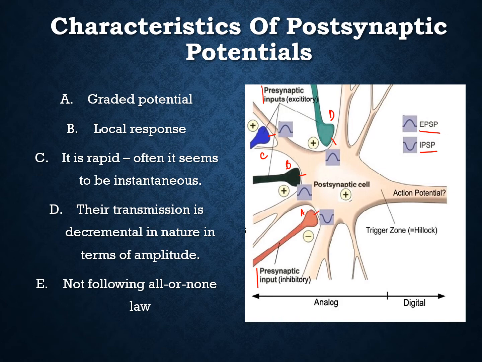Here what happens is, after mixing all those potentials, if it crosses the threshold of excitation, the action potential will be generated, or otherwise it will not be generated. So the action potential is generated from this region. This is the axon hillock region. Here only the hillock is written.